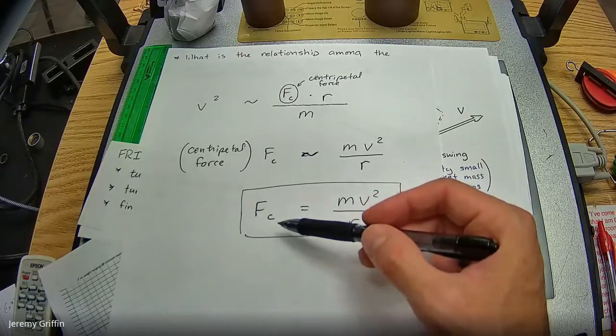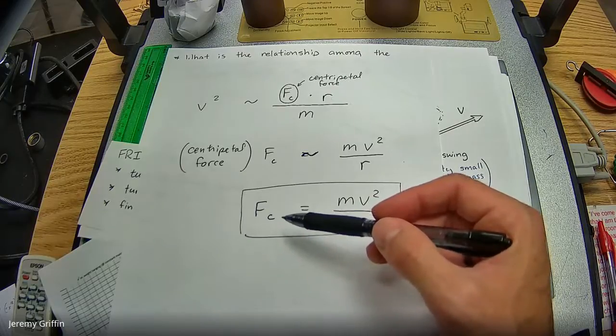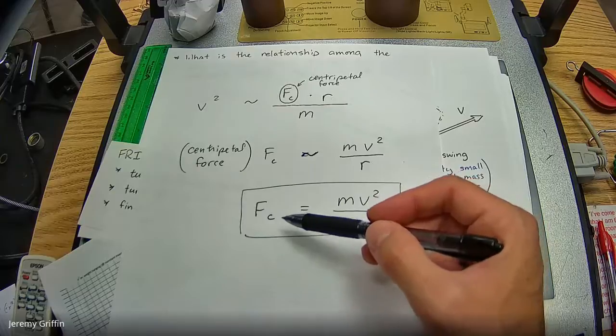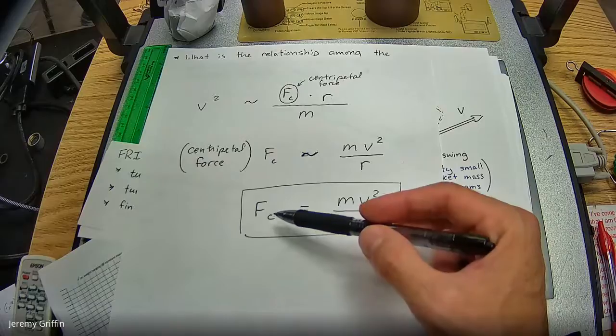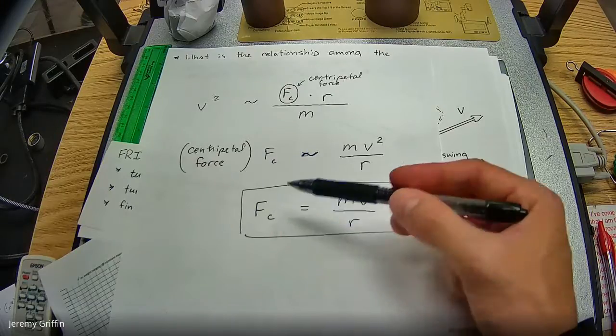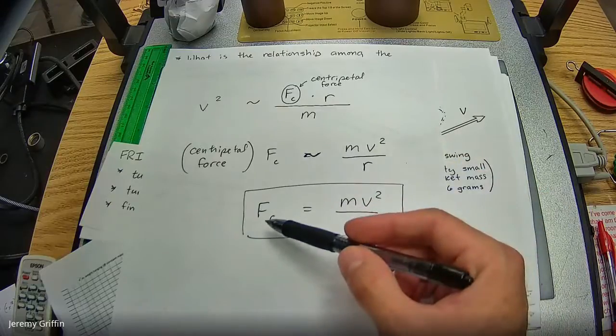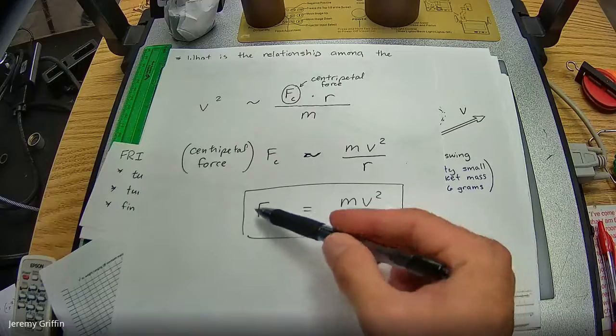Or if it's a banked road, it might be that you don't even need any friction. It could be an icy road that's just banked. You could still go around a curve, and that would be the horizontal component of the normal force. That could be an AP question, because I've seen AP ask exactly that question in the past. If the car's going around a banked road, it would be the horizontal component of the normal force that would be acting as this force.